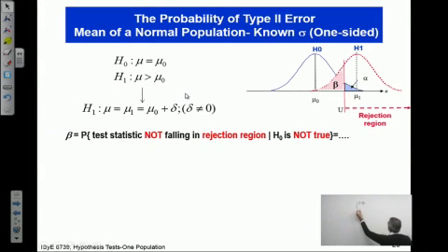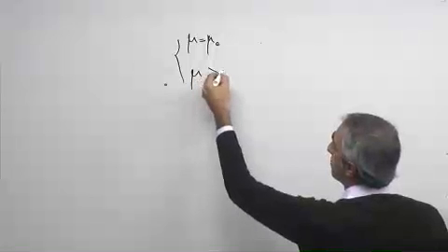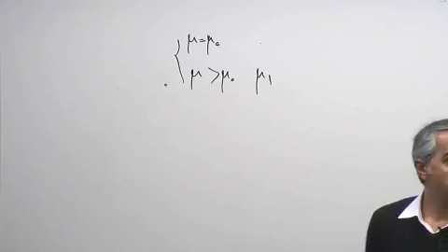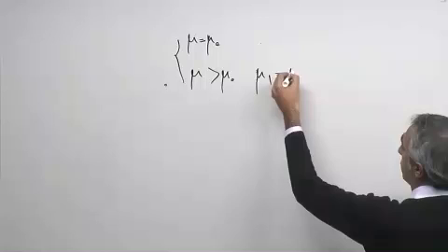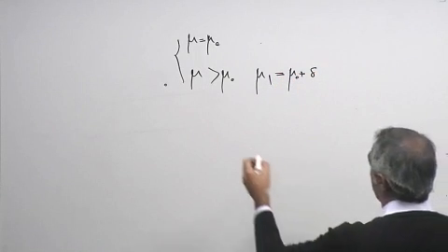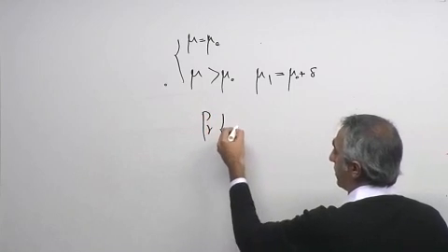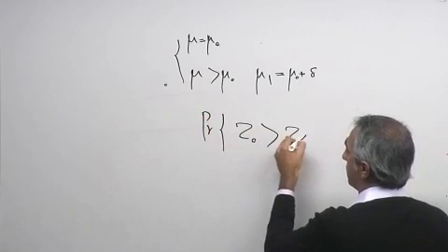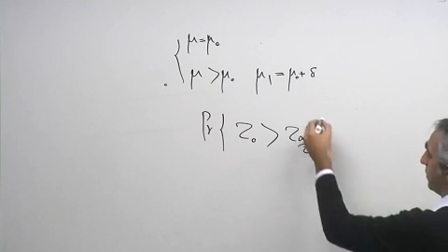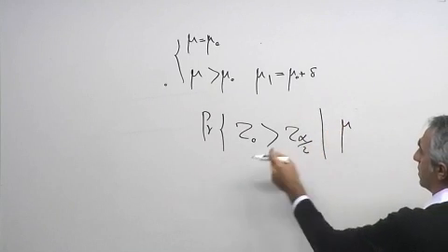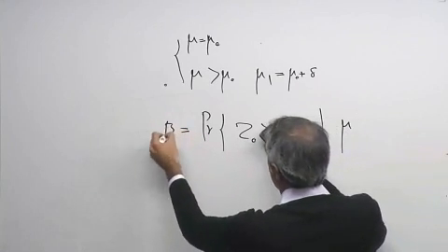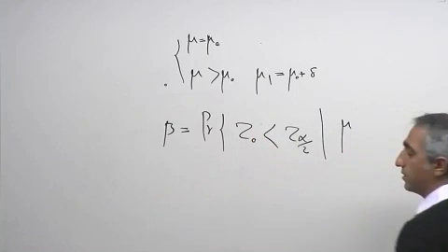So mu is equal to mu 0. Mu is greater than mu 0, which we call mu 1. And mu 1 is mu 0 plus delta. So the only difference is in the first part when we are defining the rejection region. The definition of beta is less than this guy.